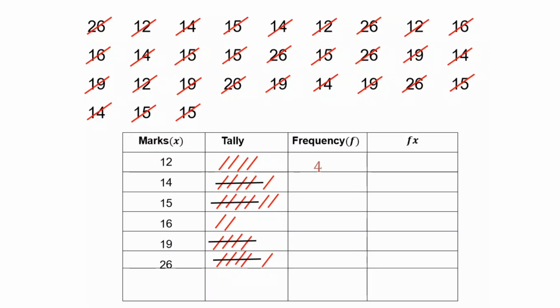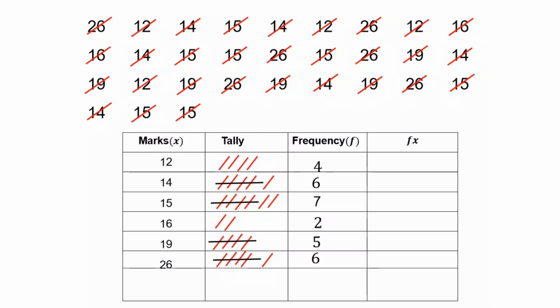So we record 4. It means that the number of students that scored 12 marks were 4. So the frequency gives the number of students. Then we go to 14, also 6. It means 6 students got 14 marks, 7 students got 15 marks, 2 students got 16 marks, 5 students got 19 marks, and then 6 students got 26 marks.